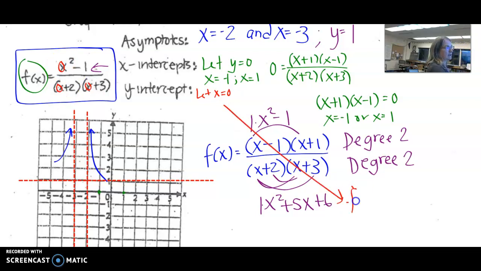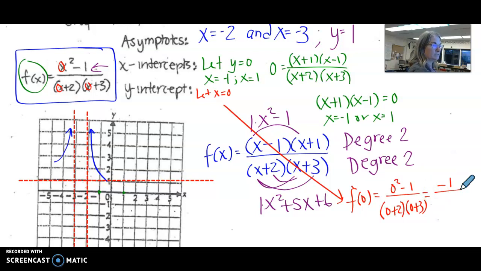F of 0 is equal to 0 squared minus 1, over 0 plus 2 times 0 plus 3. Evaluating that, the numerator is -1. 0 plus 2 is 2. 0 plus 3 is 3. 2 times 3 is 6. So I have a y-intercept of (0, -1/6). So a little point right about there, one sixth of the way down to 1.